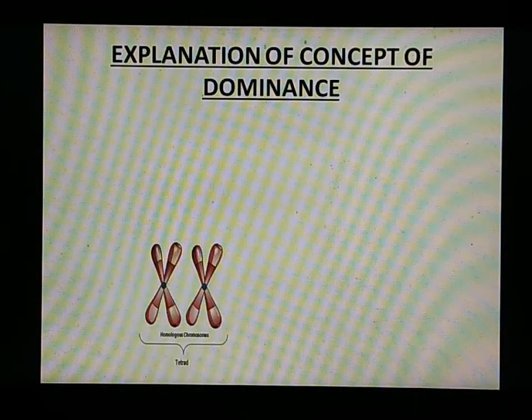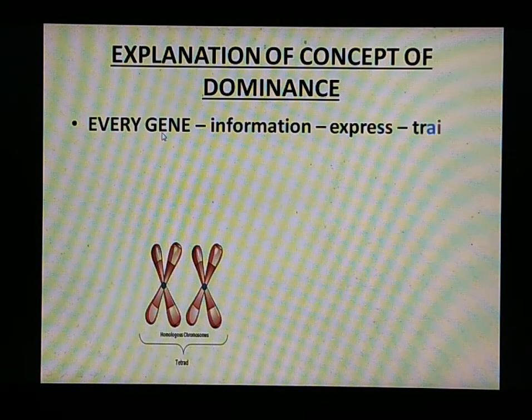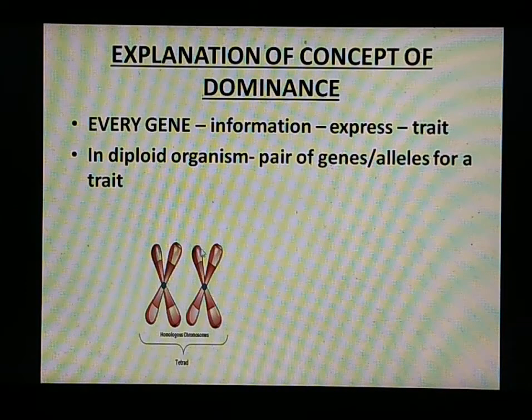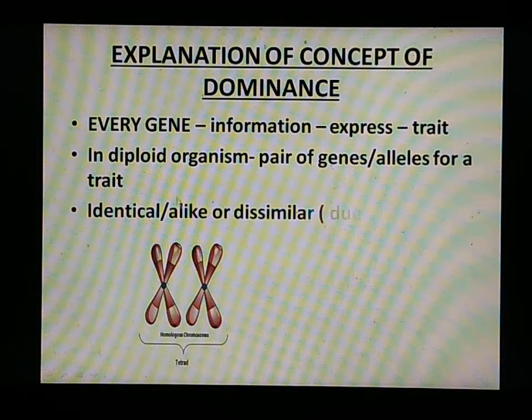So when we speak about the concept of dominance, we know that every gene contains information, and that information expresses a particular trait. In a diploid organism, we know that a pair of genes or alleles is present for a particular trait. These alleles can be identical or alike, or there may be some changes in these alleles.